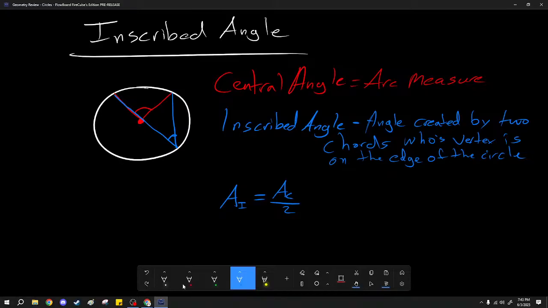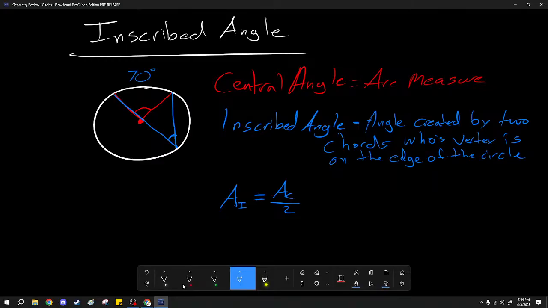So essentially, if you're given a central angle or an arc measure, you cut it in half and you have your inscribed angle. If you have an inscribed angle, you multiply it by 2 and you get your central angle. We'll do a quick example. Let's say this arc measure here is 70 degrees, and I said find the inscribed angle.